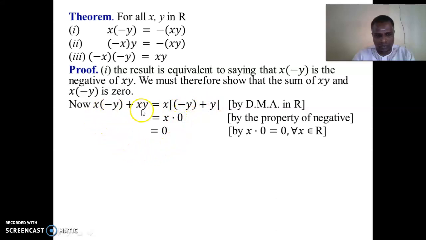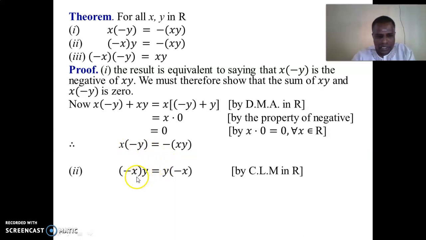The sum of the two factors is 0 means that these are negatives of each other. This means that the negative of xy is x times minus y.